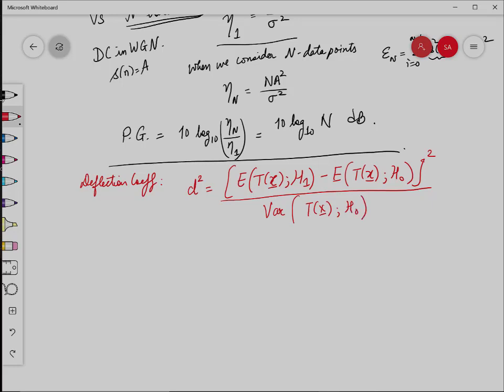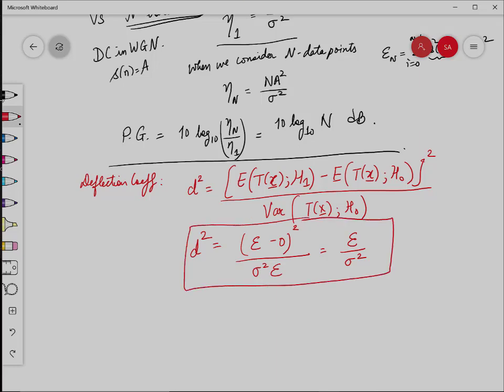Let me write H0. Now the expectation of T(x) under H1 is E minus 0, whole square, divided by sigma square E, and this is equal to E over sigma square. So my deflection coefficient is E over sigma square.